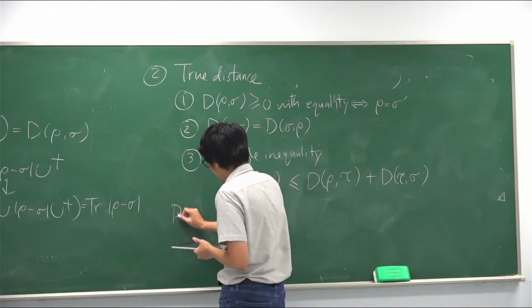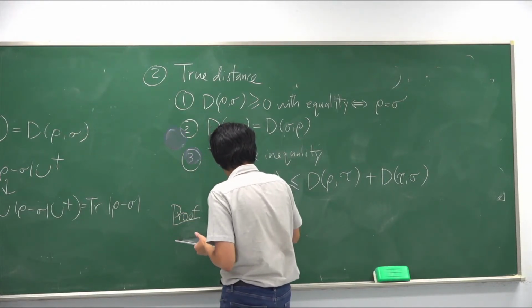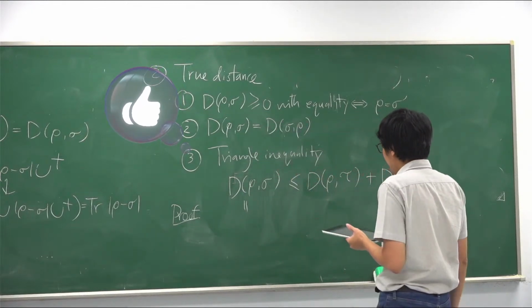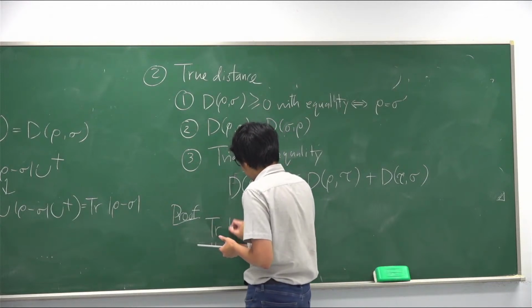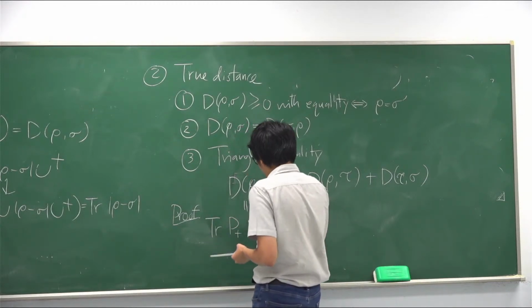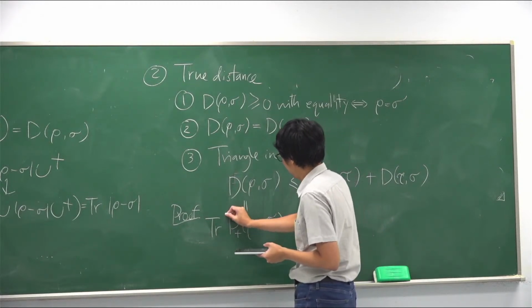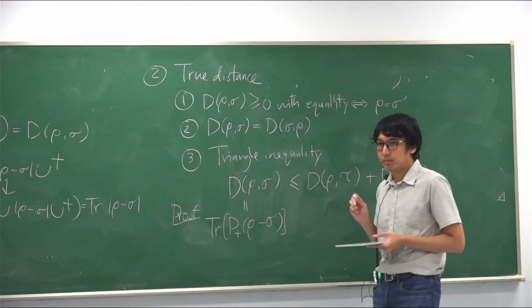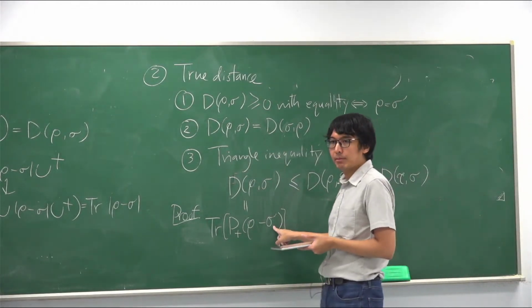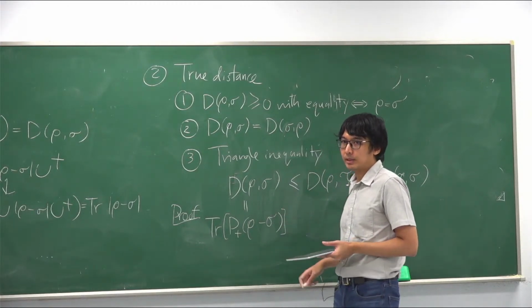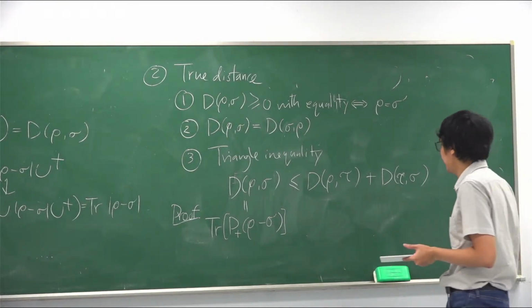We can prove this by noting that this is the same as if I project this difference onto the plus eigenspace. And so I don't need the absolute value here anymore, right? Because I already projected onto the eigenspace with all the positive eigenvalues.